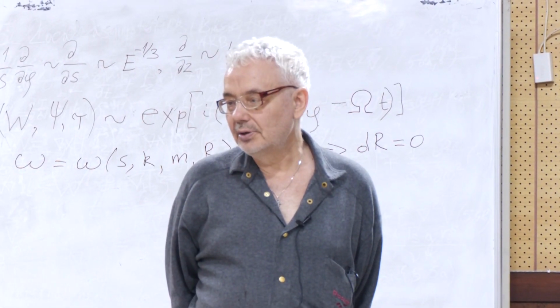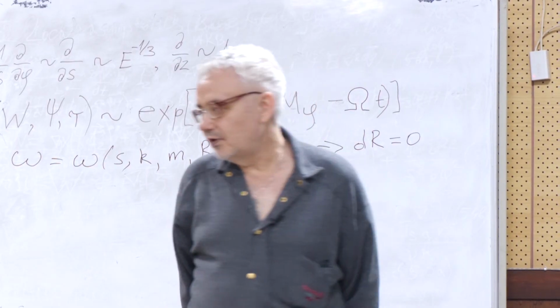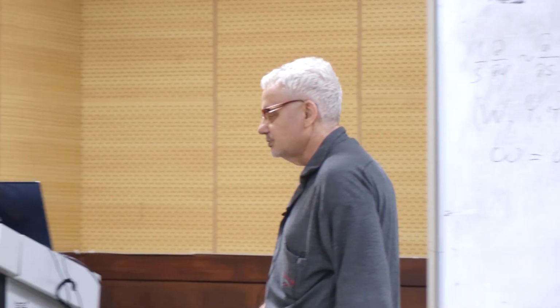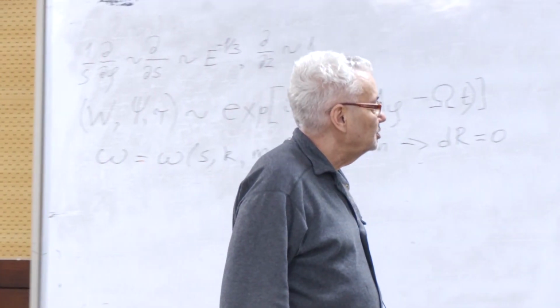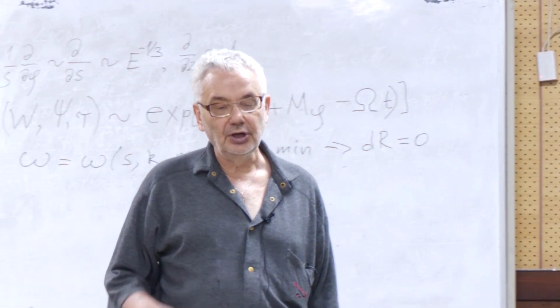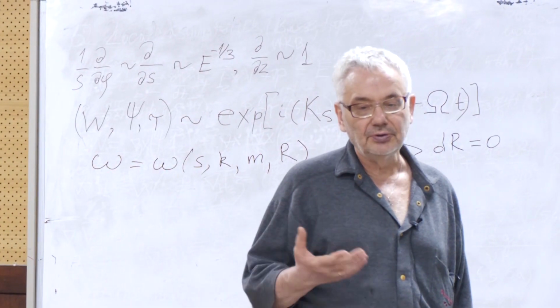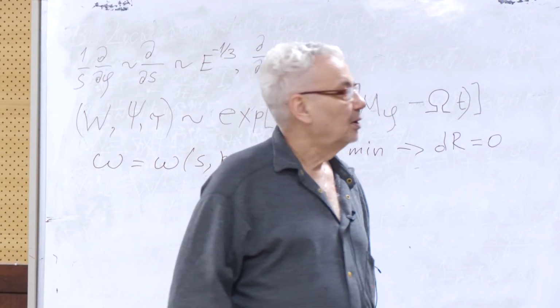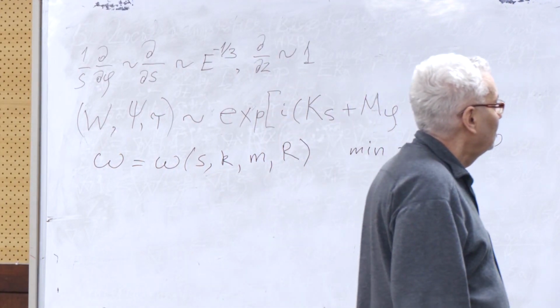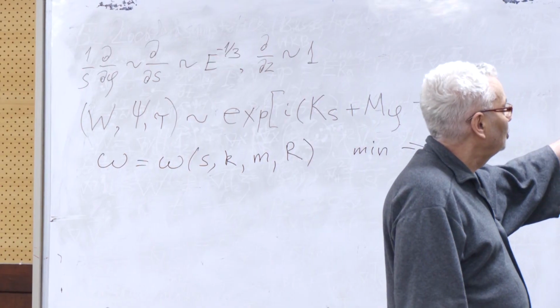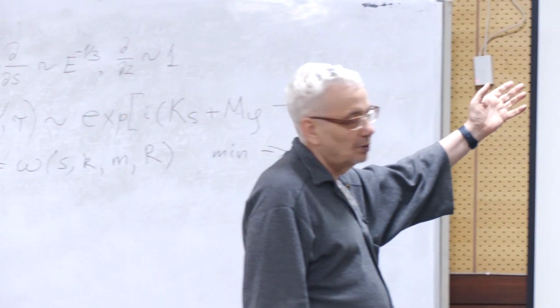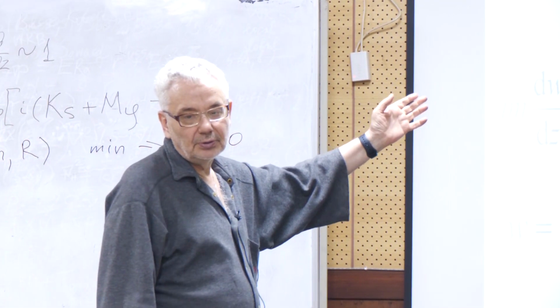The major advantage of all this, as far as I could see, is that we reduce a very complicated system. You saw it, it was a system of actually eighth order in partial derivatives in all three variables. But eventually we reduce it to just one coordinate dependence.